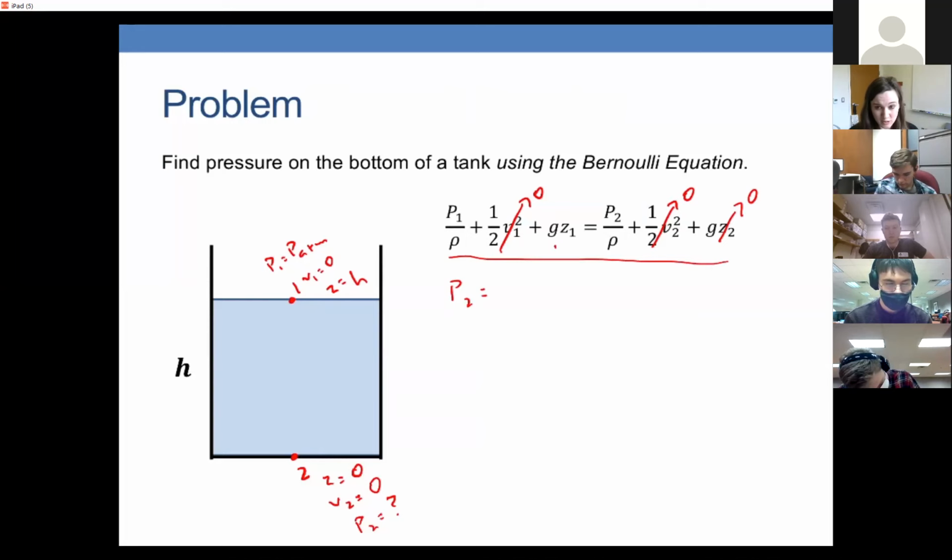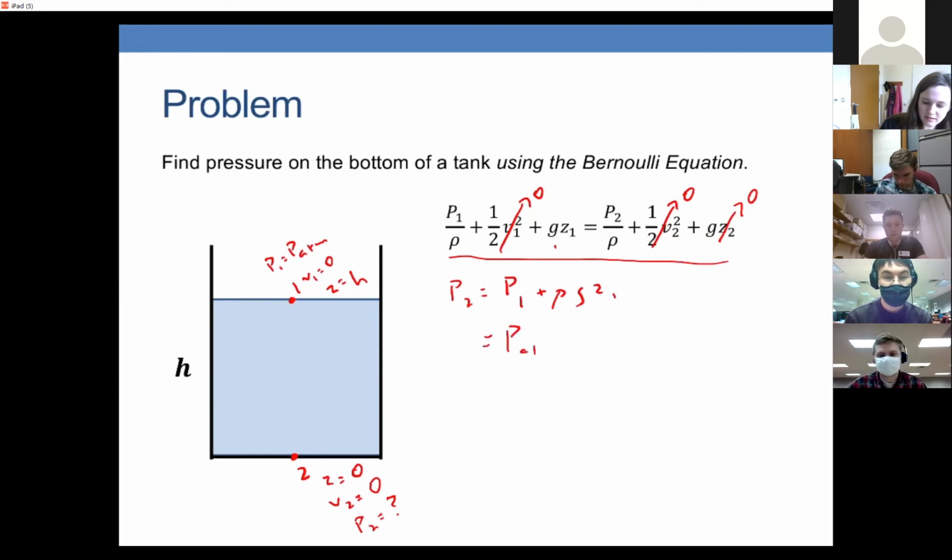All right, so does someone have an expression for P2 from Bernoulli's equation now? I have P2 equals P atmosphere plus rho GH. Because you can get that just by solving this, plugging in what we know.